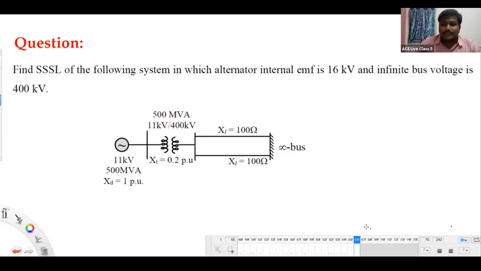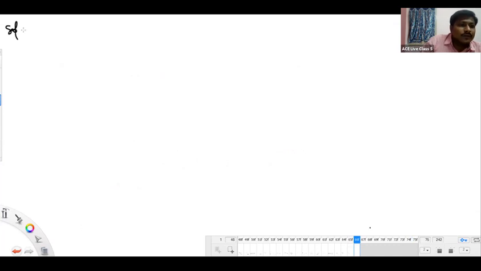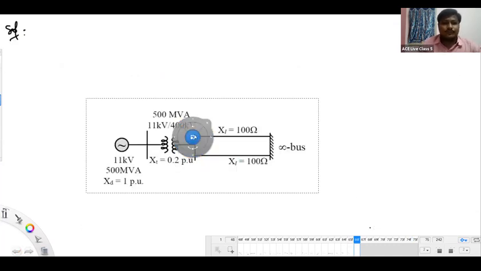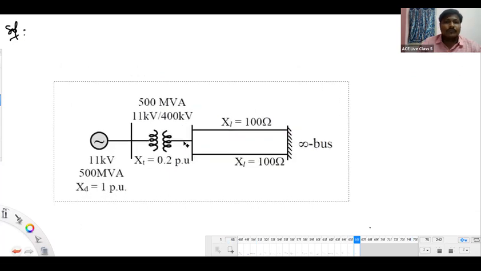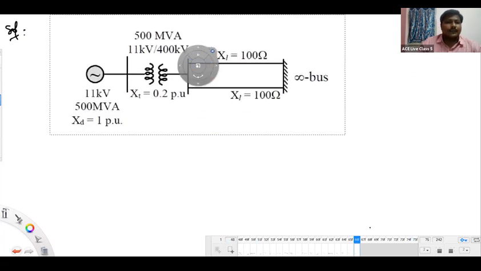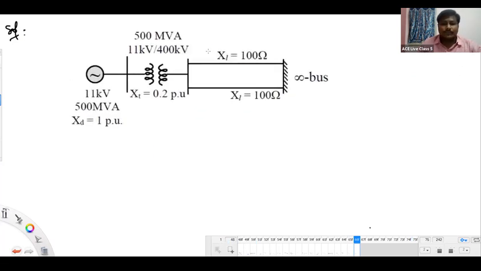Listen, all of you. In a question, will they mention whether it is in per unit or megawatt?